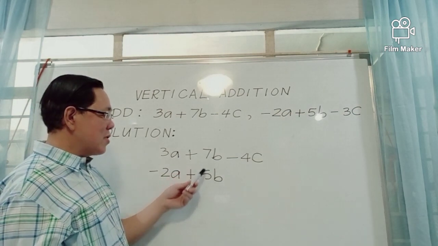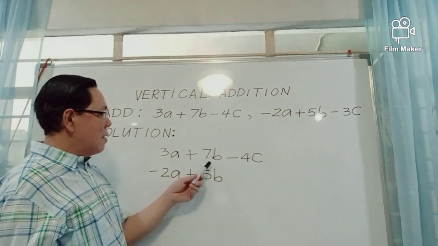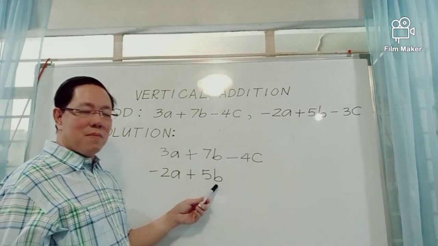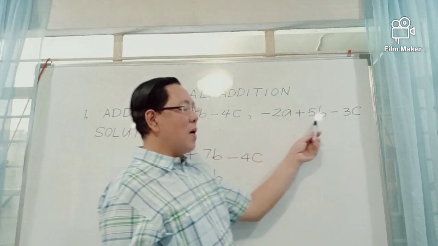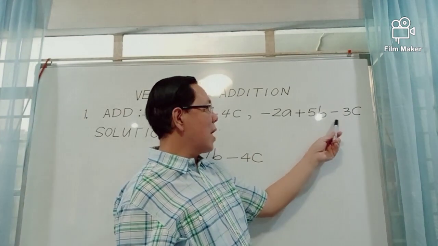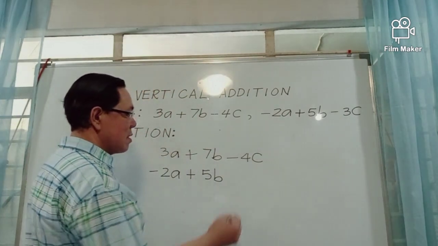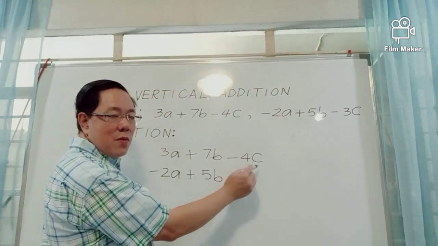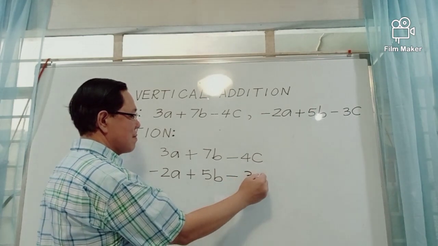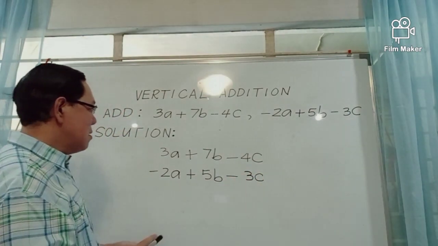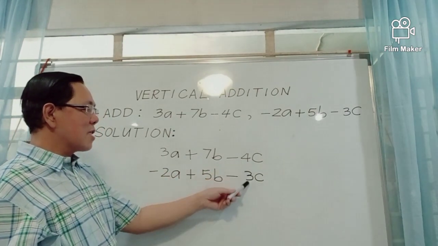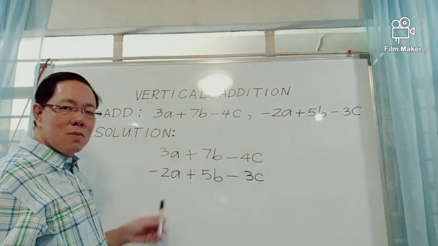They have different numerical coefficients, but their literal coefficient b is the same. And the last term of the second trinomial, negative 3c or minus 3c, we write directly below negative 4c. We write negative 3c. So all the like terms are aligned. The like terms are in the same column.